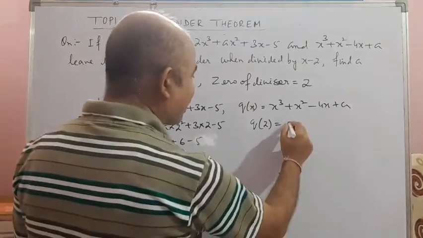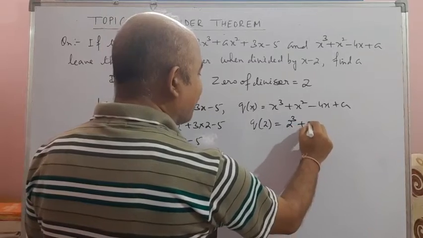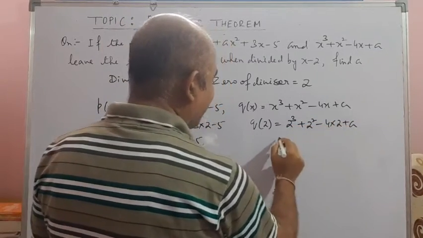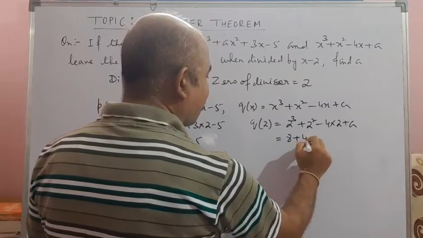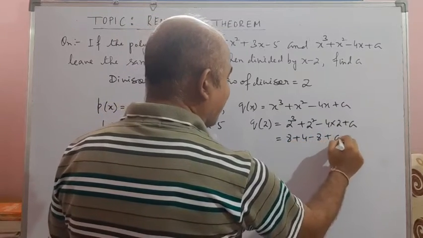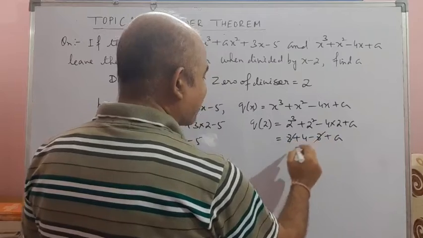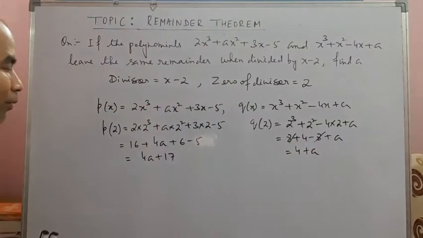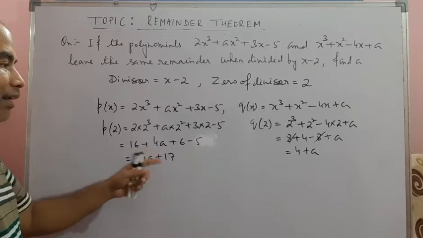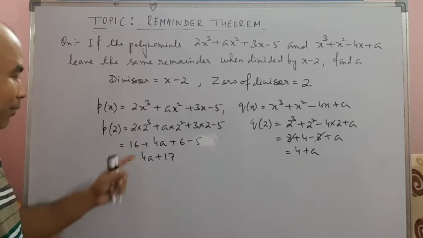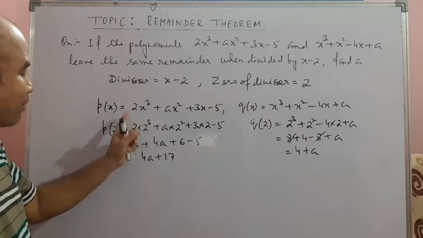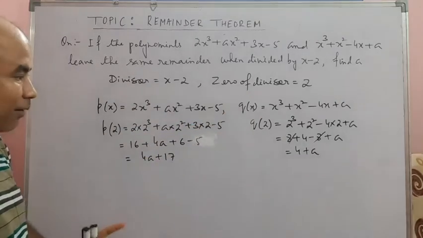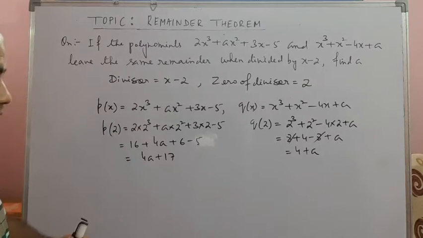Similarly here, x cube is 2 cube, x square is 2 square, so 8 plus 4 minus 8 plus a, the 8 and minus 8 cancel, so 4 plus a. These are the remainders when divided by x minus 2. Clear?